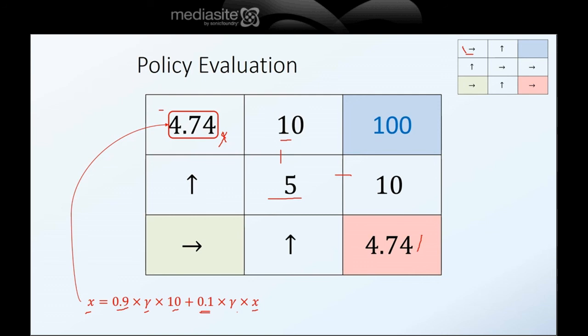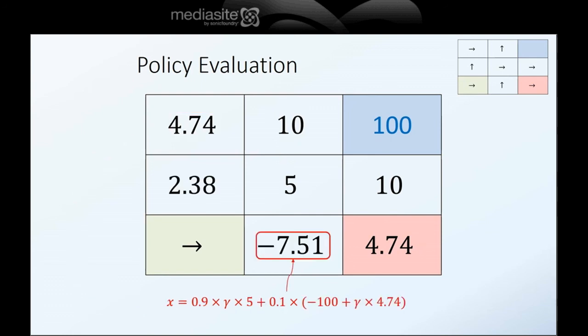And 10 times the discount is 5. So next step of policy evaluation, we evaluate the values of these two states here, and I have shown example calculations for this state here.